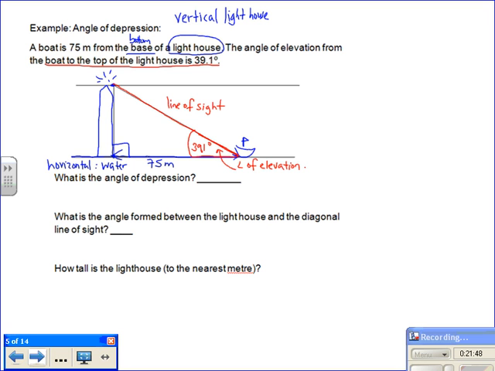What is the angle of depression is the question, the first part. First of all, an angle of depression is between the line of sight and an upper horizontal line.